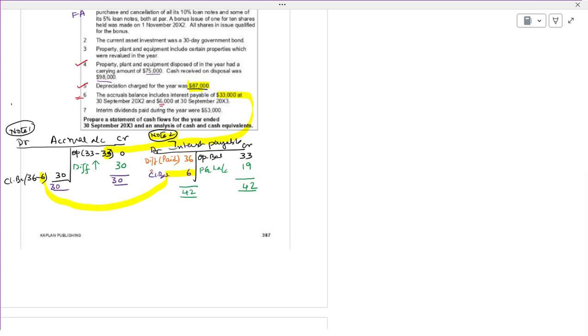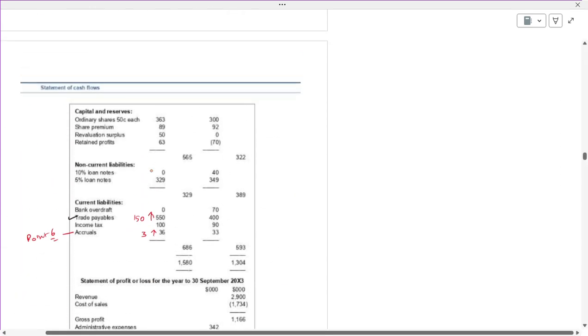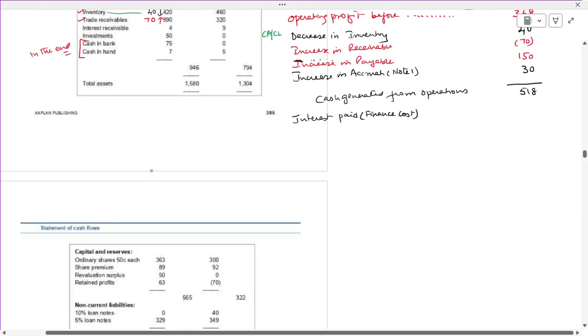Liability decreases, what happens to cash? Cash will decrease. Interest paid. Note 2. How much have you paid interest?